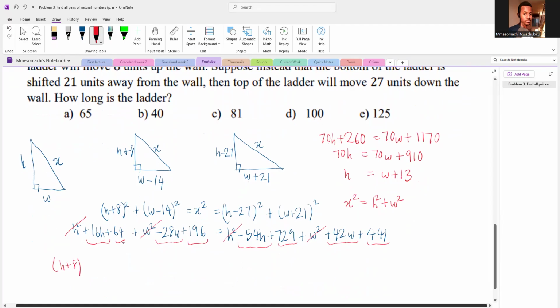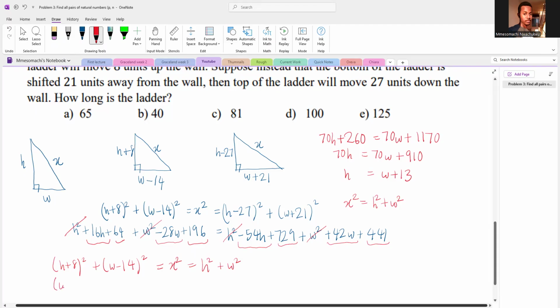We have H plus 8 squared plus W minus 14 squared, and this is equal to X squared, which also equals H squared plus W squared. So we can substitute. Remember, H is equal to W plus 13.